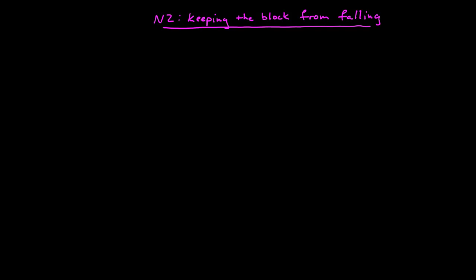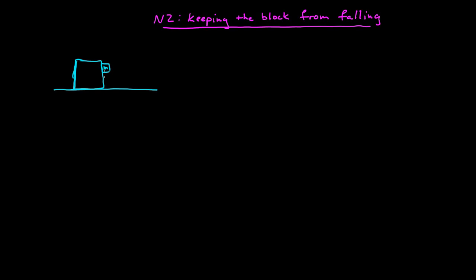In this video, I want to do an example of applying Newton's laws on a single object. In this case, I have some large block that's not attached, but just resting against one side is a smaller block. And I want to know how this large block is going to keep the smaller block from falling.